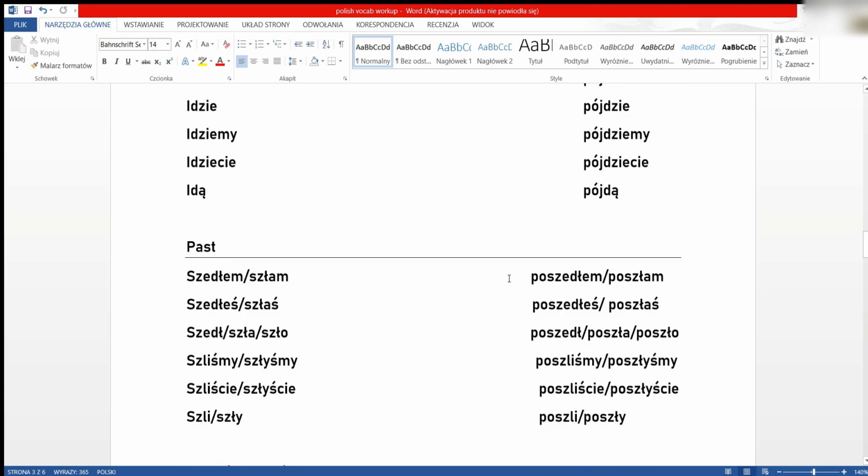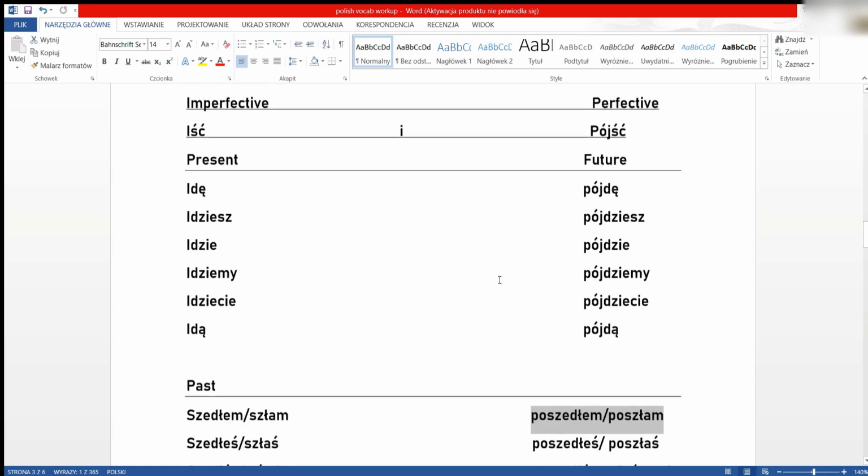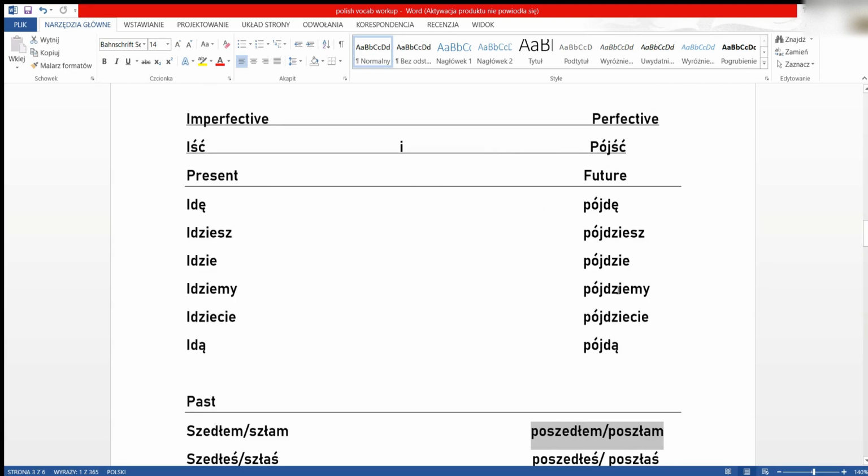And once you learn them, it's going to be easy, because for example, here, szedłem, you just add po, and it's going to be poszedłem. Here it means the past continuous, if you want, and here it's the simple past. So here it's like saying I was going, or here I went. That's the difference between the two forms.